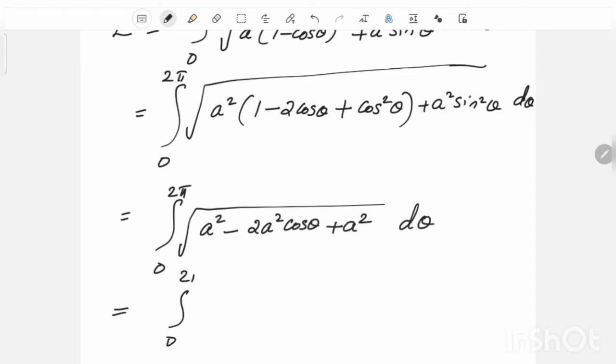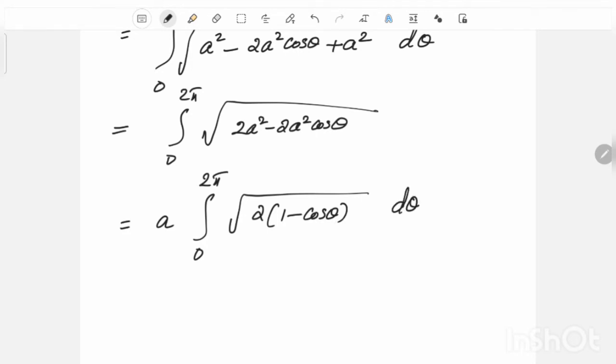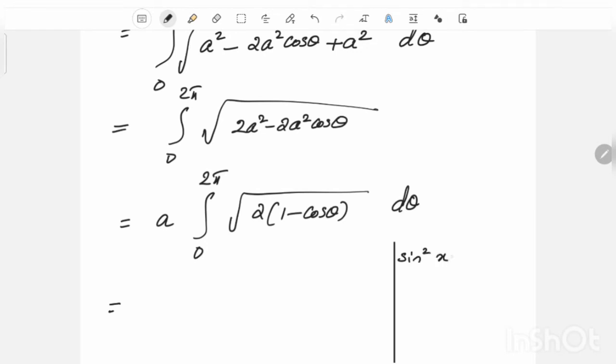the integral from 0 to 2 pi of square root of 2a square minus 2a square cos theta, or this can be written as a times the integral from 0 to 2 pi of root of 2 (1 minus cos theta) d theta, and we have sin square x is equal to (1 minus cos 2x) by 2.